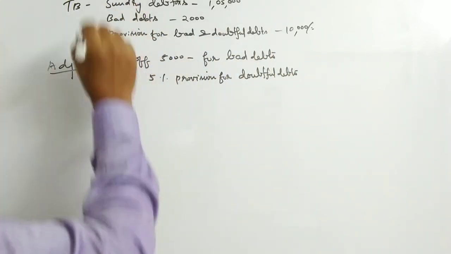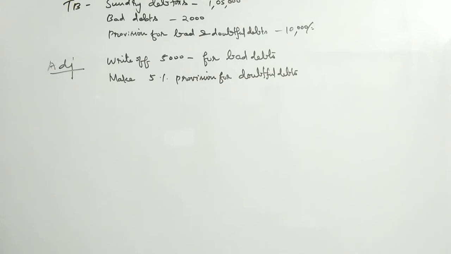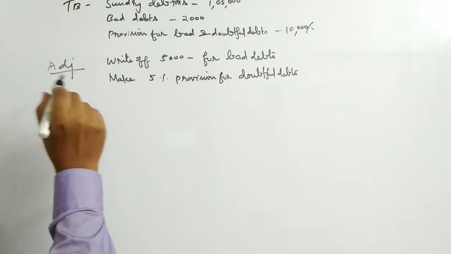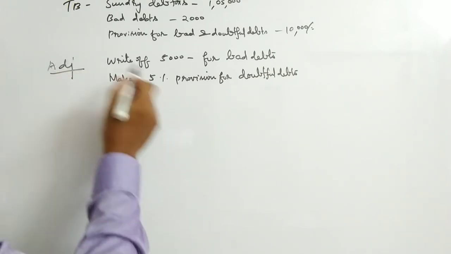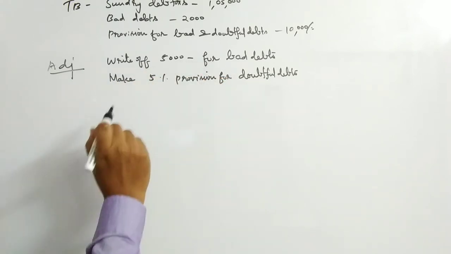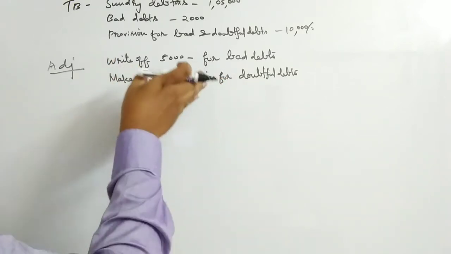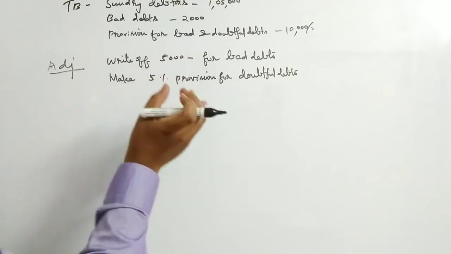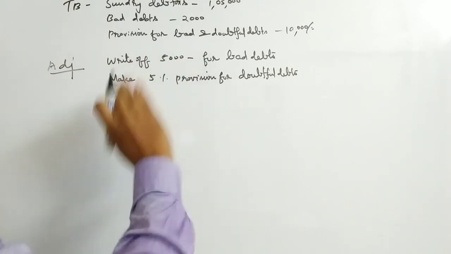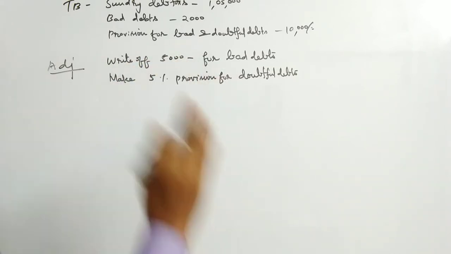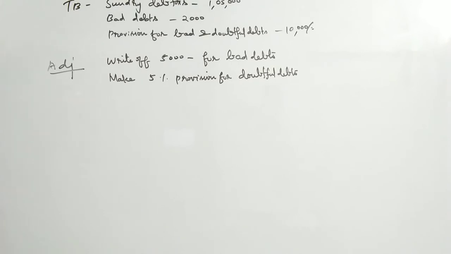These three accounts are there in the trial balance in our example. As far as the adjustments are concerned, we are asked to write off further bad debts of 5,000. After that, we have to make a 5% provision for bad and doubtful debts. So this is the problem that we have been given.